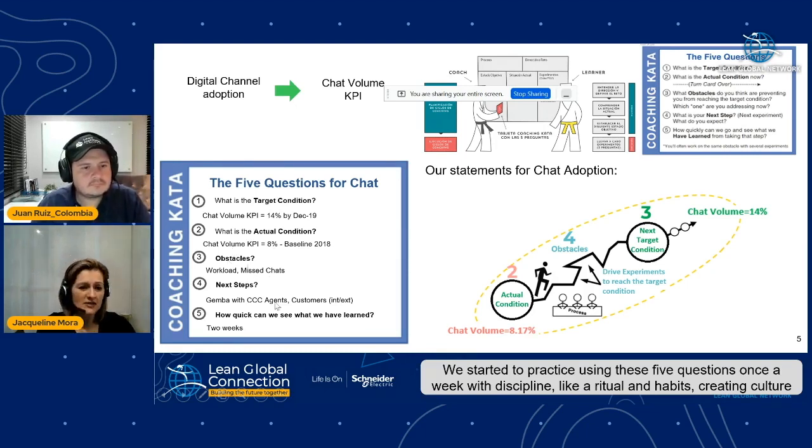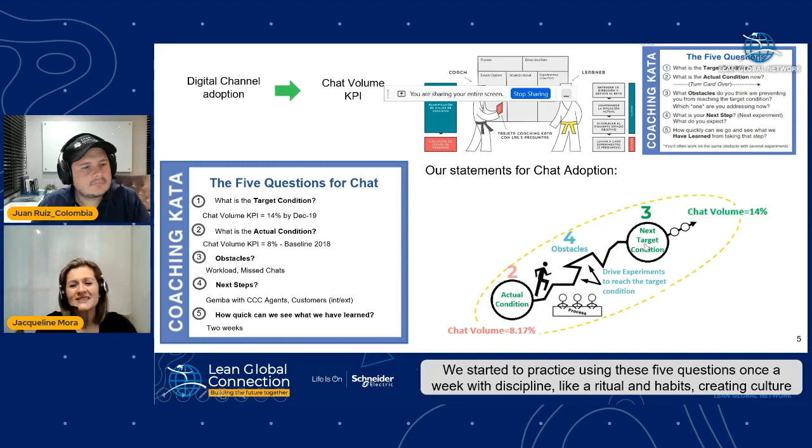And the next step is so important for us because it's the beginning of the experimental process, and what is your lesson learned. So in this case, with chat interactions in CCC, we started a process with chat volume at 8% of our total interactions. And our target condition, our ambition with this challenge, was to reach 14% of our digital interactions with CCC, the Customer Care Center.